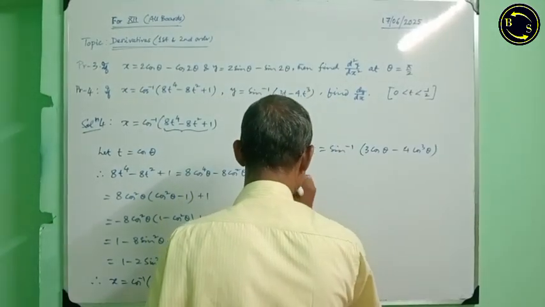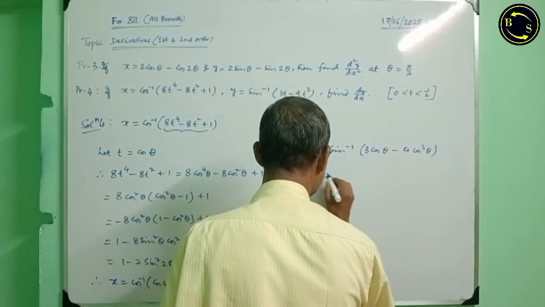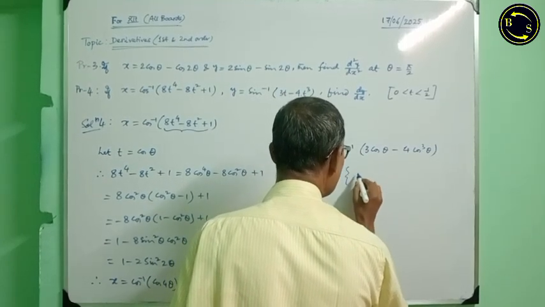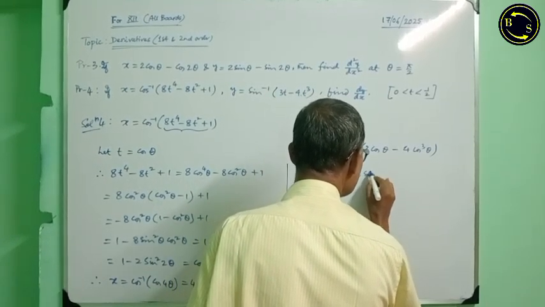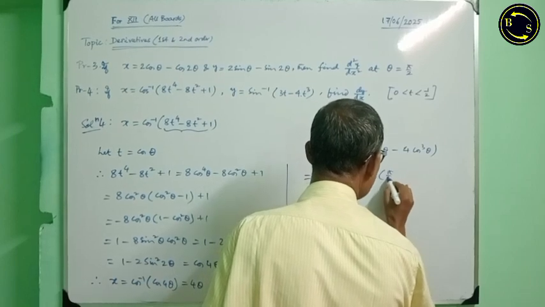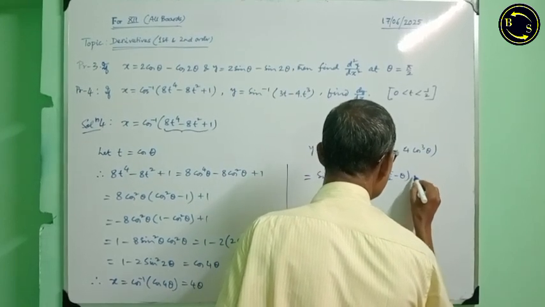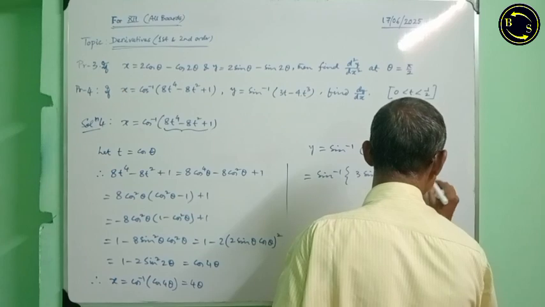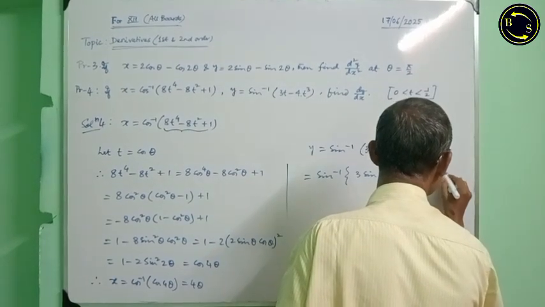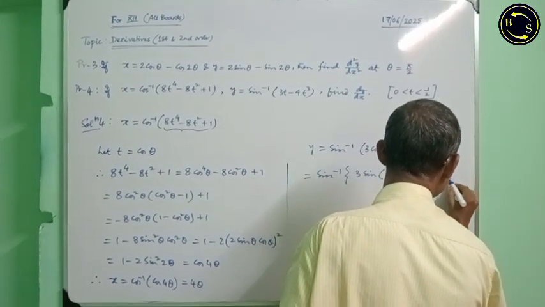I first write in this form: 3 sin pi by 2 minus theta minus 4 sin cube pi by 2 minus theta.